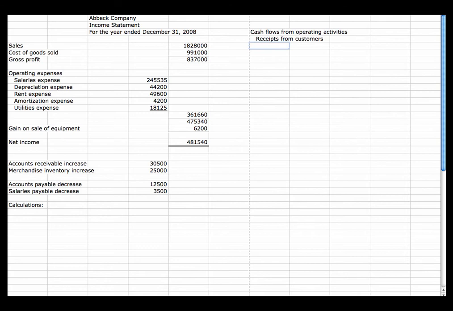Now, it would be really nice if they had told us what it was, but we can actually calculate it. The calculation of the receipts from customers equals our sales, and in this case, because we have an increase in receivables, minus the increase in receivables.